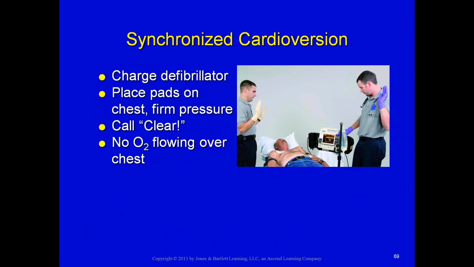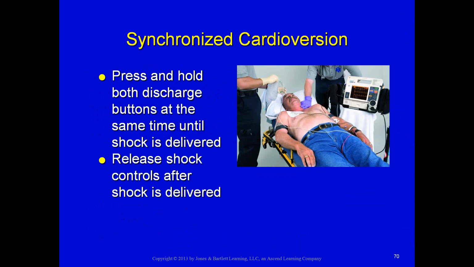So they tell us to make sure that we shut the oxygen off, or if we're bagging them, to remove the bag valve mask away from the field of electrical therapy. Press and hold the button until the electrical charge is delivered. You'll see the patient jerk.